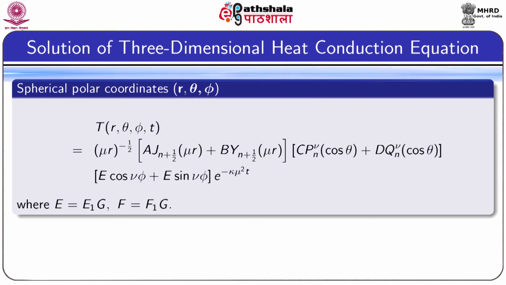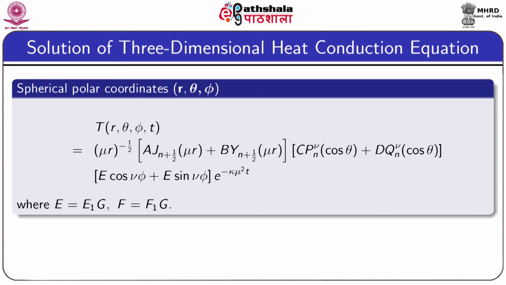Since inside the sphere r equals 0 is a point, and we know that Bessel function of second kind is unbounded at r equals 0, therefore, from the general solution for this particular problem, we can choose the value of b as 0.